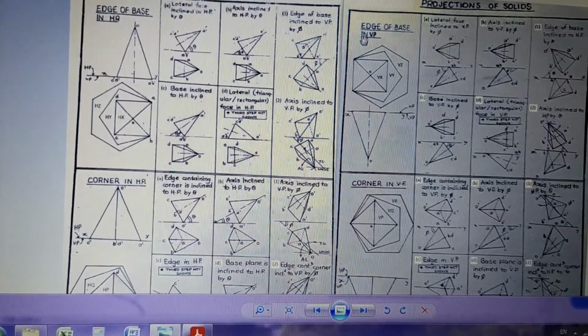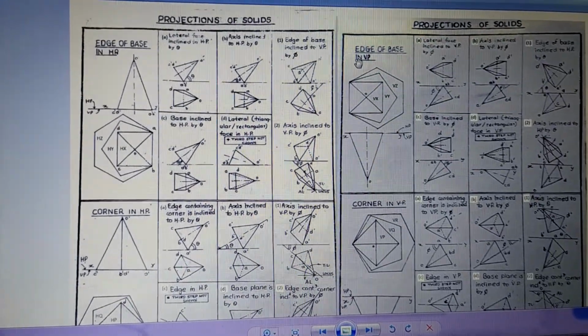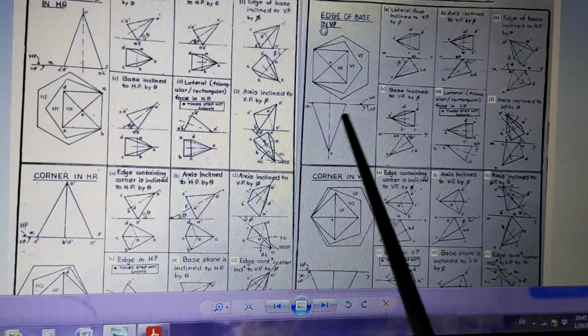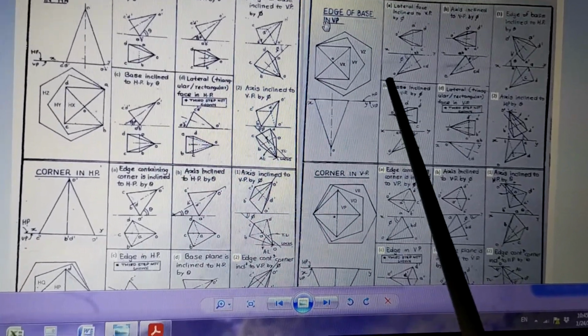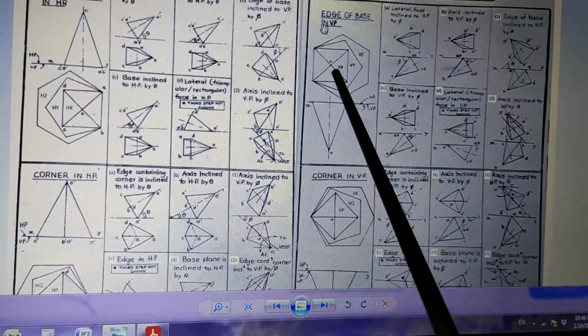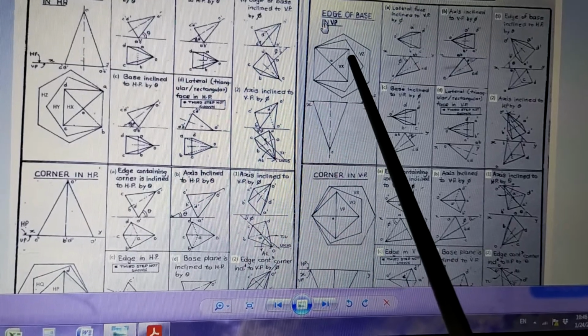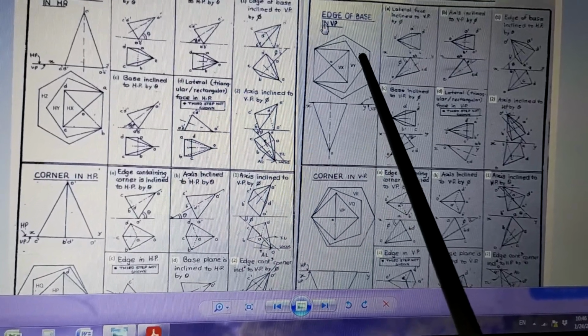You can now see what is shown here. If the solid is resting in VP, that means in the vertical plane it is resting, then how would you draw? In that case, what happens?